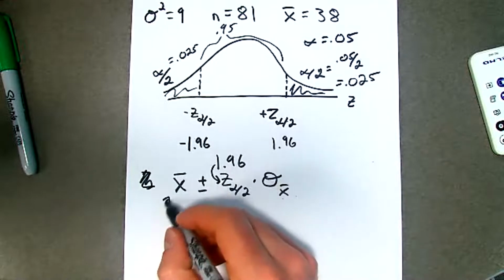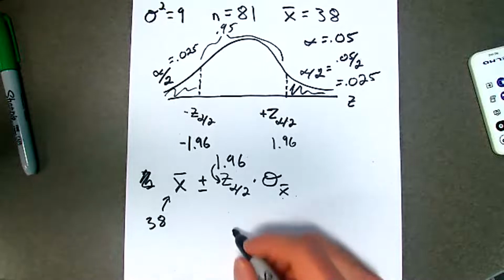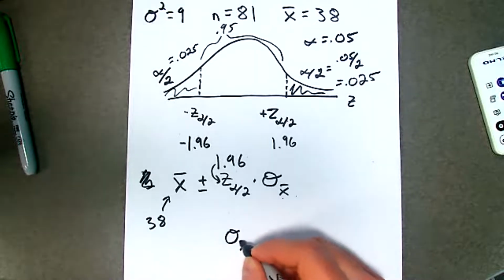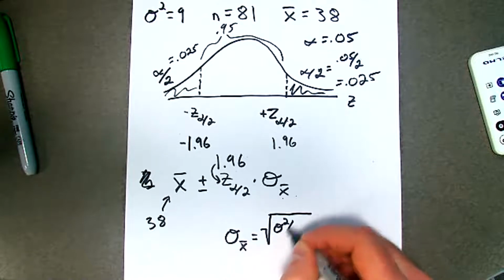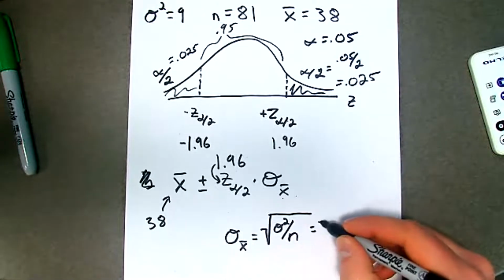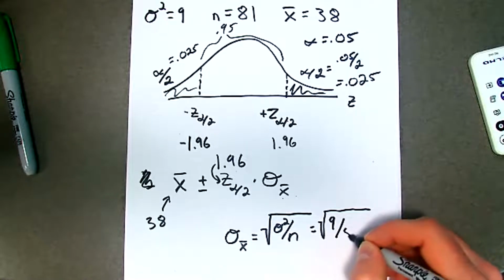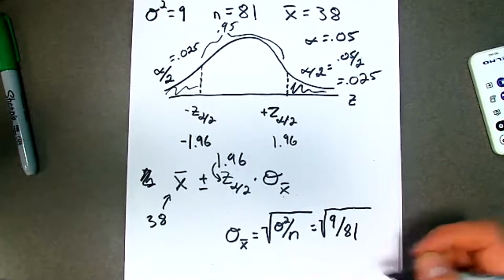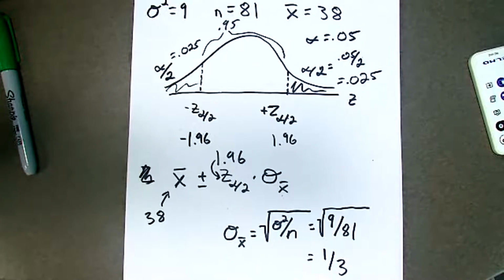I know that my sample mean is 38. From here, I've got an equation for the standard deviation of my sample means. So this is going to be what? The square root of 9 over 81 if I plug those values in, which works out to be about 1/3. Okay?